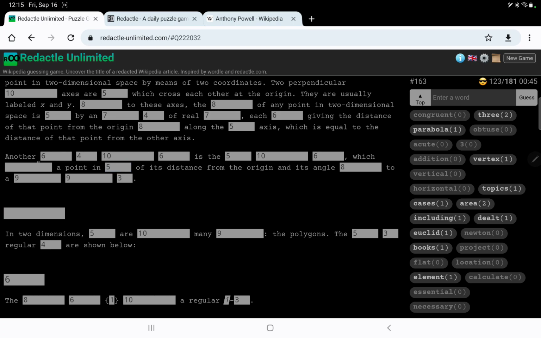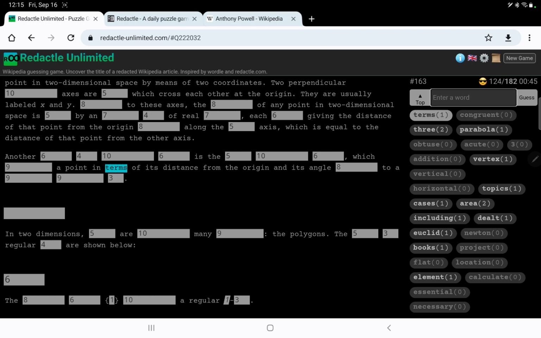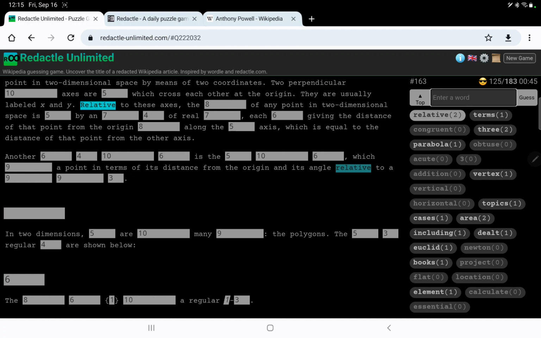Which something, a point in terms of its distance from the origin and its angle, something. Did I do relative? No, so there we go. That's good. And its angle relative to a 9, 9, 3.